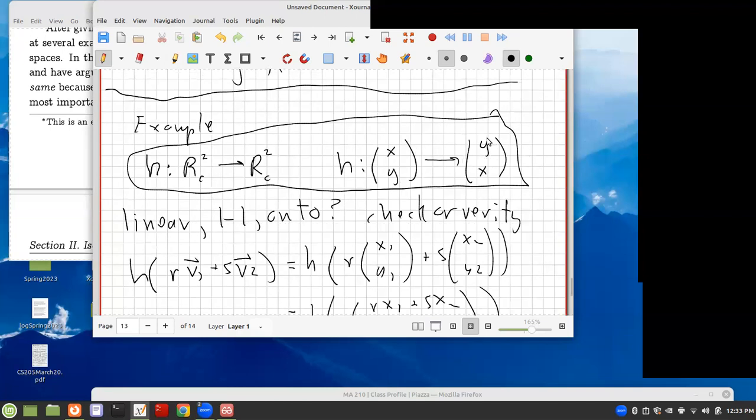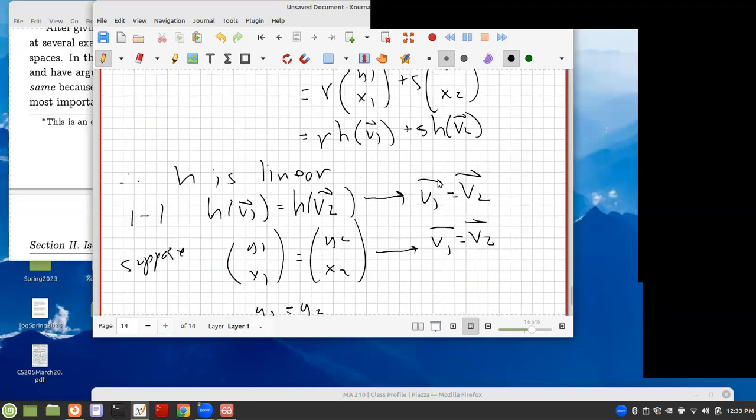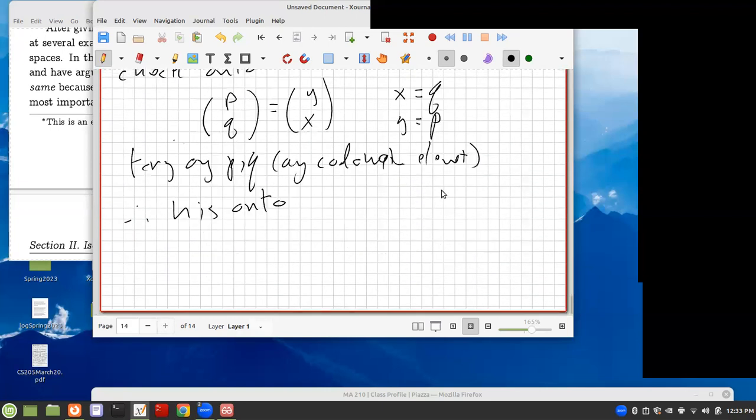If I choose (1, 1) here, it goes to (1, 1). I can't choose some different numbers that also go to (1, 1). And then it's also linear. So with a simple map, you just have to keep straight what the goal is.